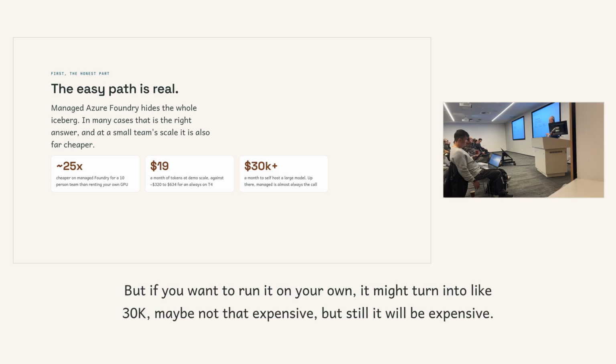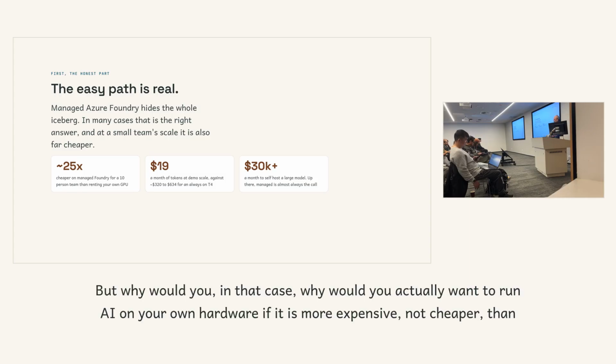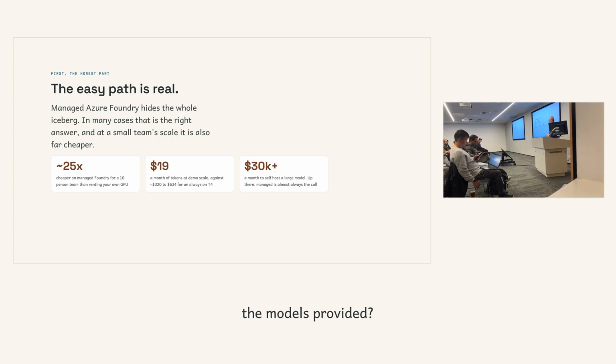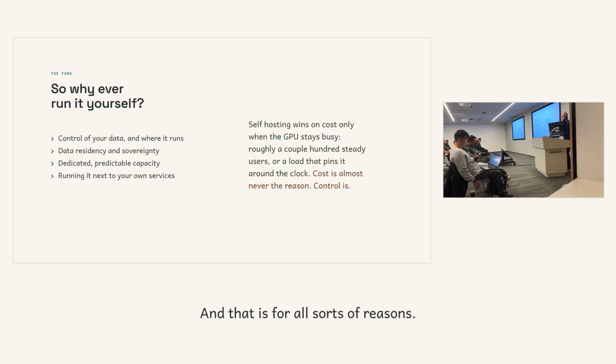But if you want to run it on your own, it might turn into like $30K, maybe not that expensive, but still it will be expensive. So why would you want to run AI on your own hardware if it is more expensive, not cheaper than the models provided? And that is for all sorts of reasons.